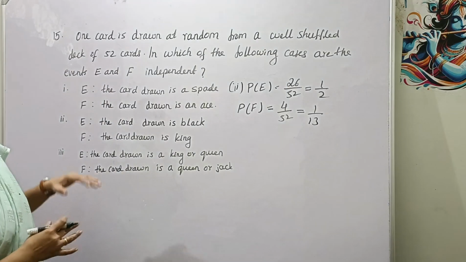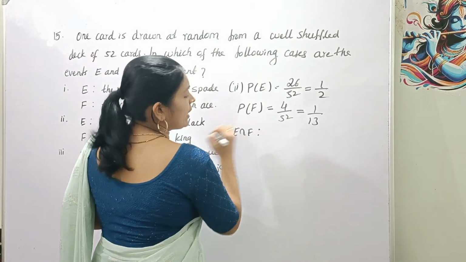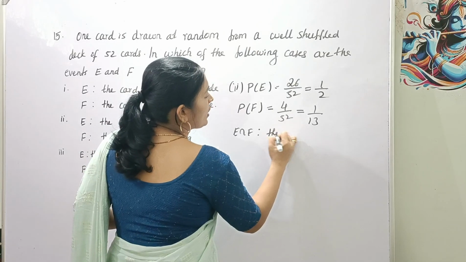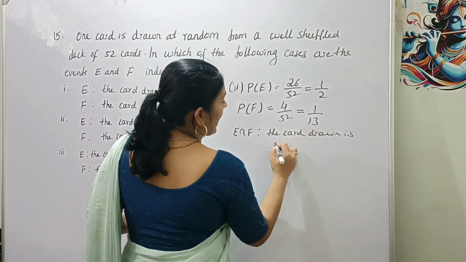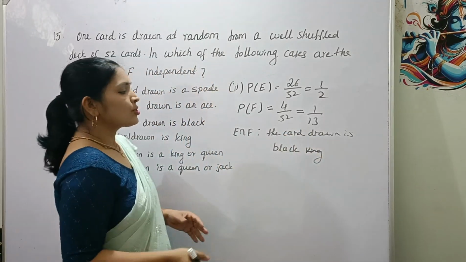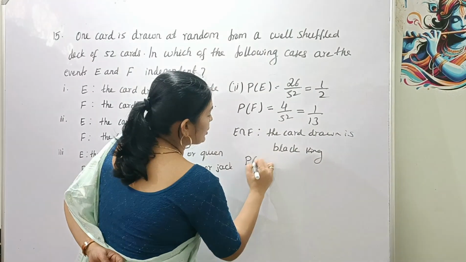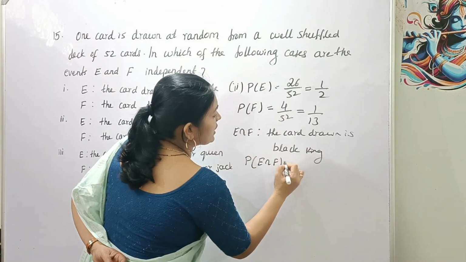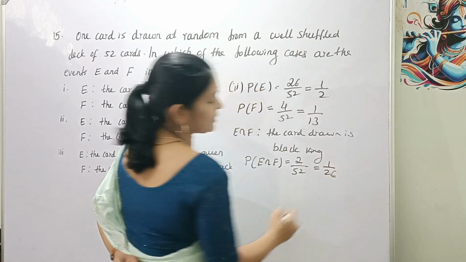Okay. Next, what is the intersection? E intersection F is the event the card drawn is a black king. So how many black king cards are there? 2, right? So probability of E intersection F is equal to 2 divided by 52, that is equal to 1 by 26.